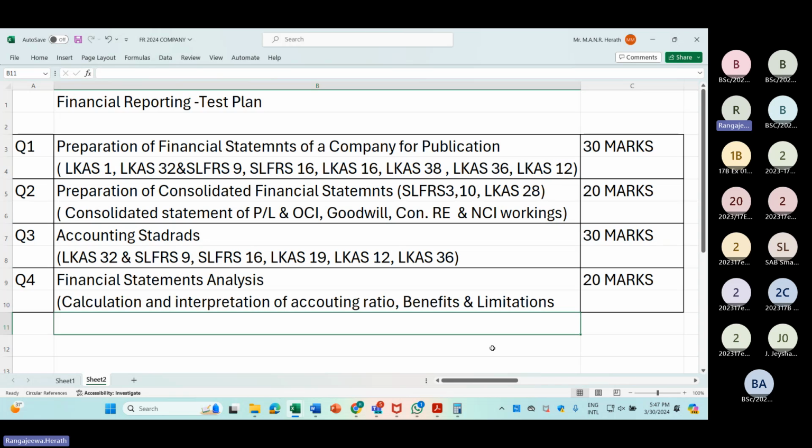So you need that standard application. And some standards we have covered in the assignment part, so we will not be tested on them separately in the final examination. So this is how you will be evaluated in your final examination.